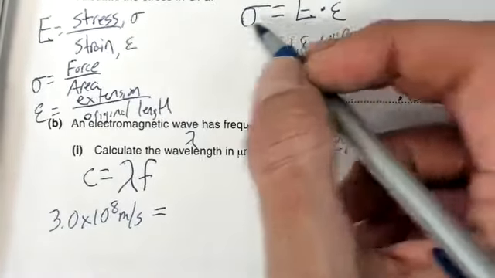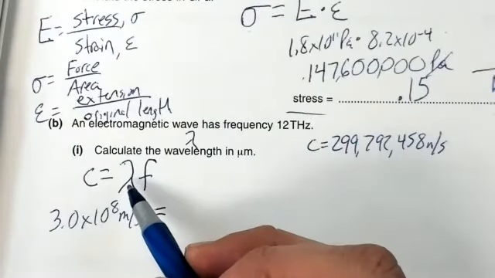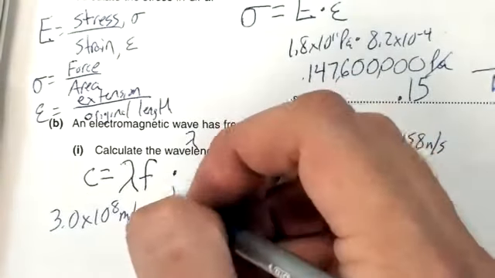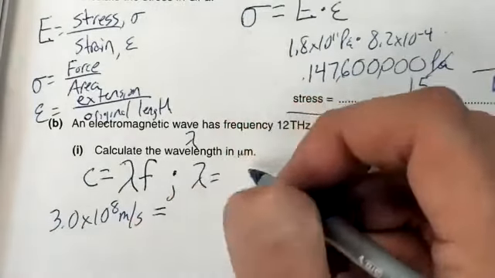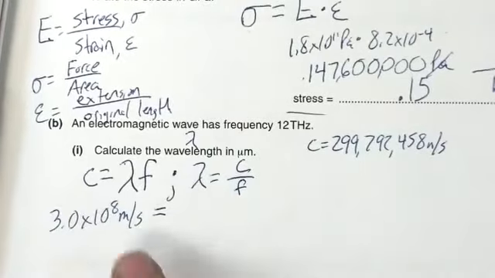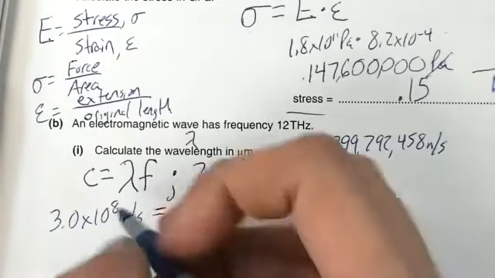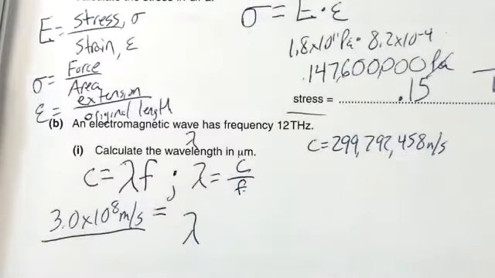Just like I did up here, I made sigma the subject. I really should make wavelength the subject, right? And so let me rewrite this equation like lambda equals speed of light divided by frequency. Dividing each side by frequency, you can get that. So I've got the speed of light divided by the frequency to give me my lambda over here.